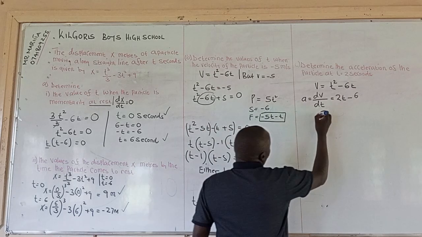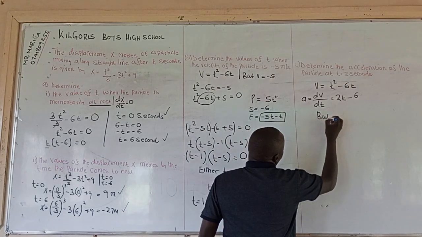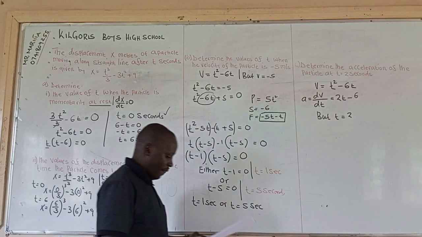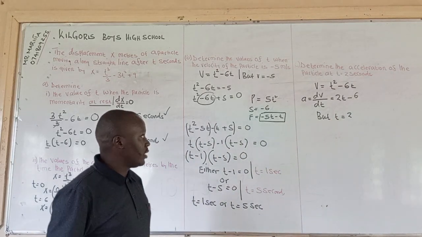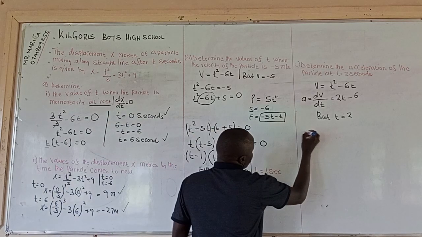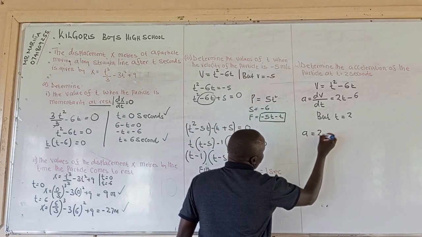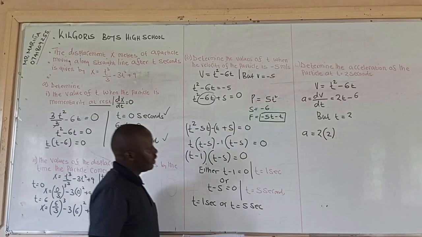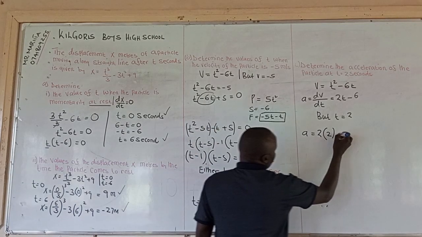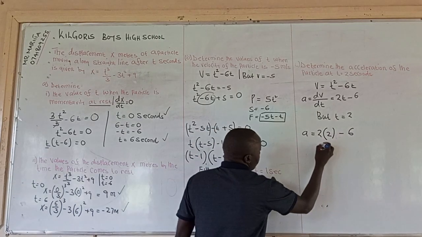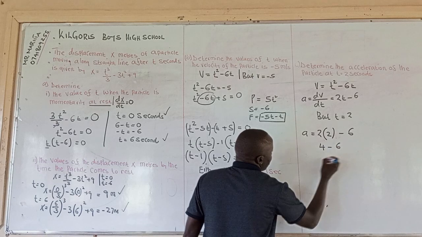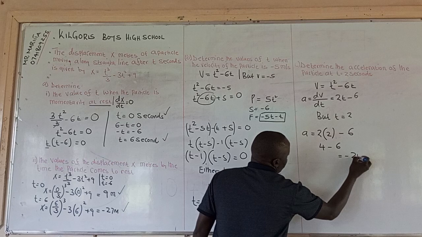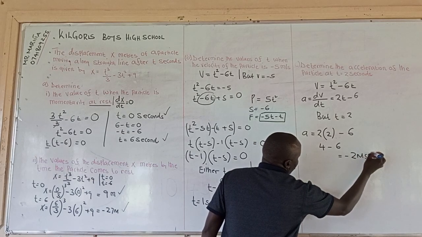But what do we know? We know that the value of t in that case is equivalent to 2. So where there is t, we replace it by 2, such that our acceleration now is equivalent to 2 times 2, because t is equivalent to 2, and then we subtract 6. 2 times 2 is equivalent to 4, minus 6, and 4 minus 6 gives us negative 2 meters per second squared.